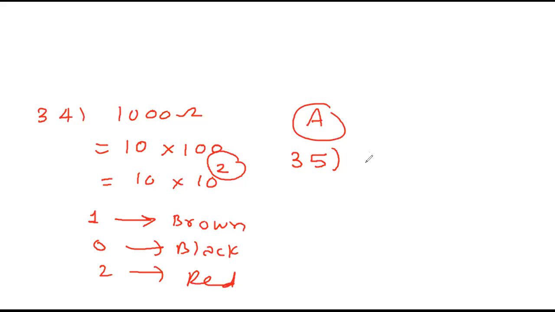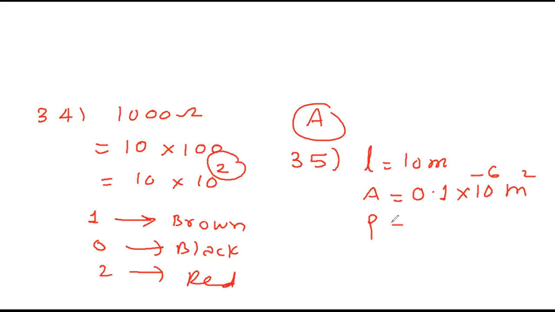Next one, 35. A 10-meter long wire has area of 0.1 into 10 raised to minus 6 meters square.